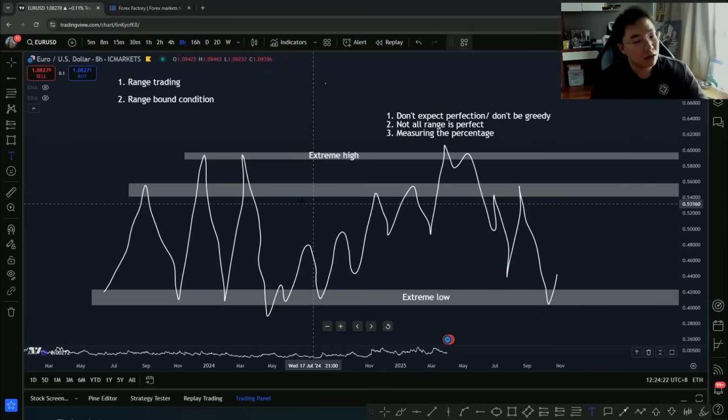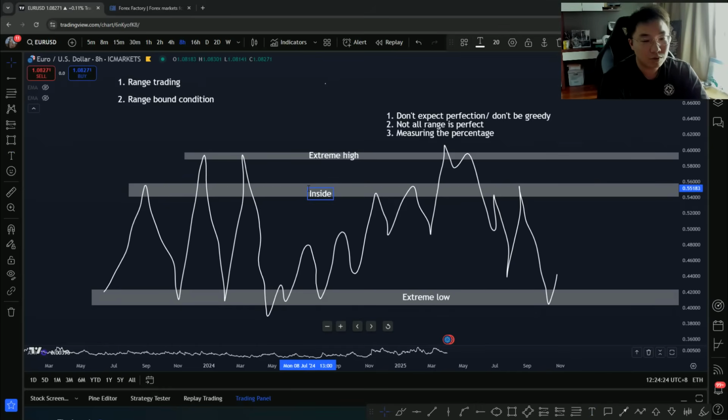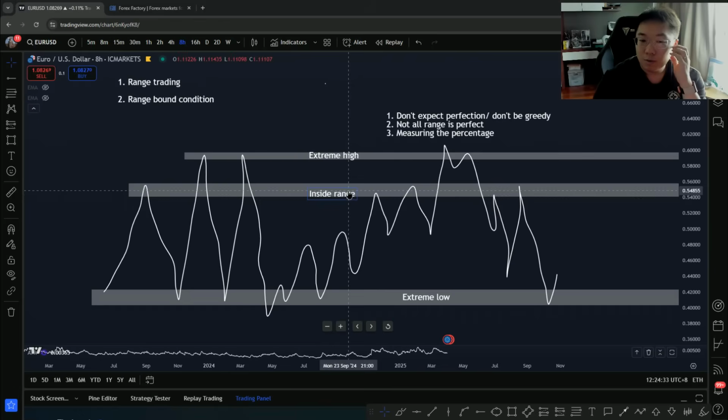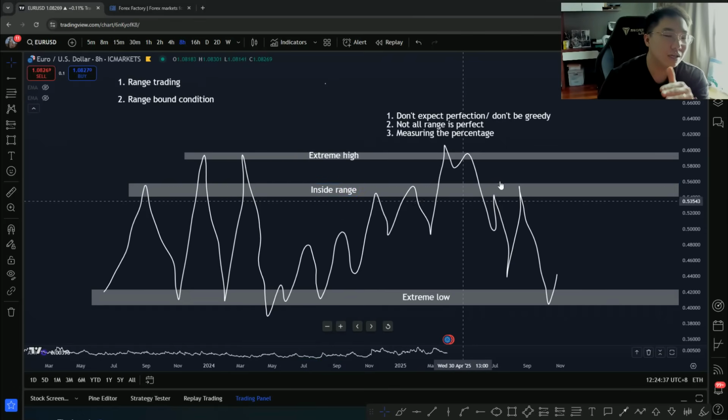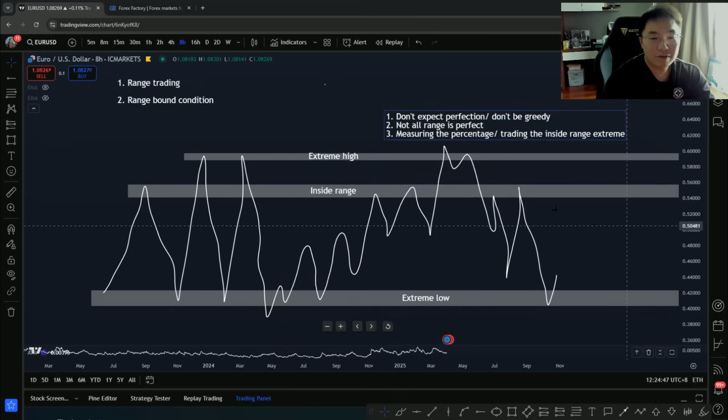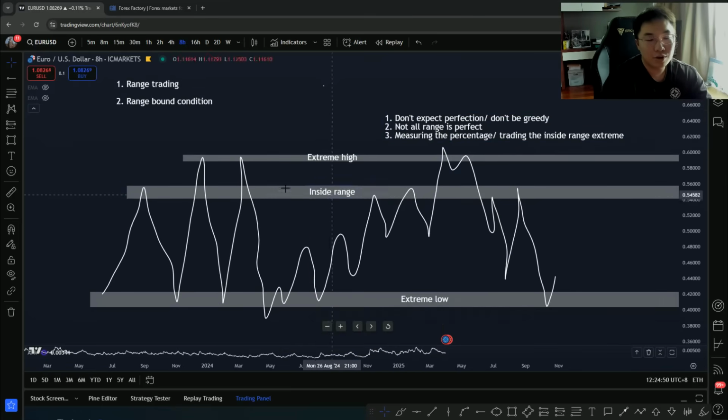This is a term I created. I just love using the word inside range because within the wide range you have a smaller range most of the time. Just do your backtest, you'll see. So when price forms an inside range, as long as your entry is leaning towards the inside range, it is still good. Measuring the range or trading the inside range extreme. So you have this extreme and you have the inside range here.